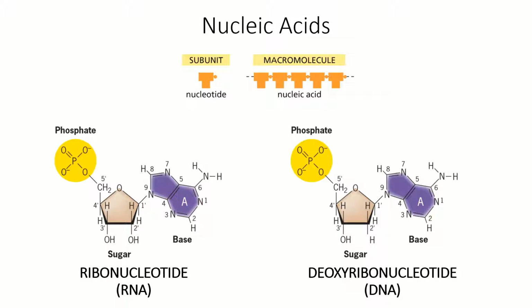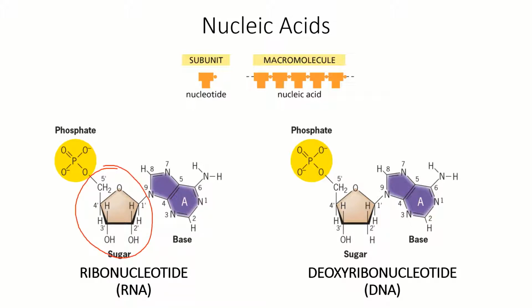Now, depending on the type of nucleic acid, these two types of nucleotides as shown here may be present. In RNA, or ribonucleic acid, the nucleotide is known as ribonucleotide, and the name is derived from the presence of a sugar known as ribose.